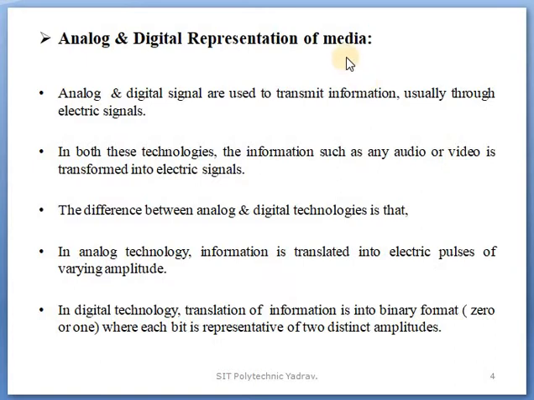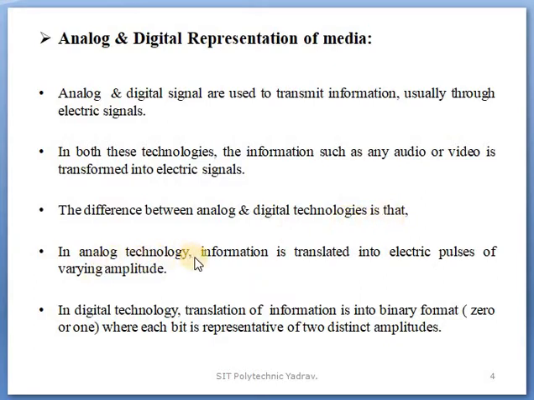Audio and video are multimedia objects. So these points are added to show how to transmit that data using electronic signals. Which electronic signals? Analog signals or digital signals. Clear?